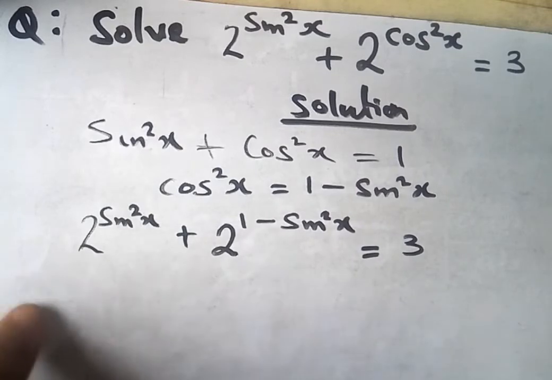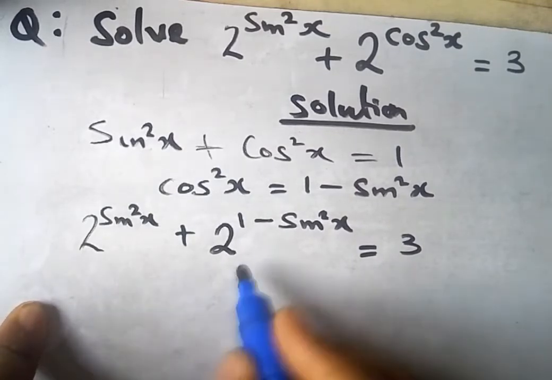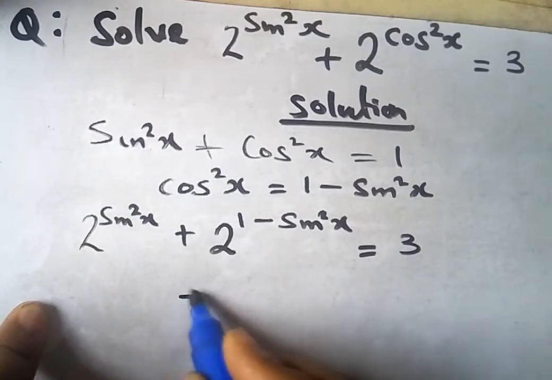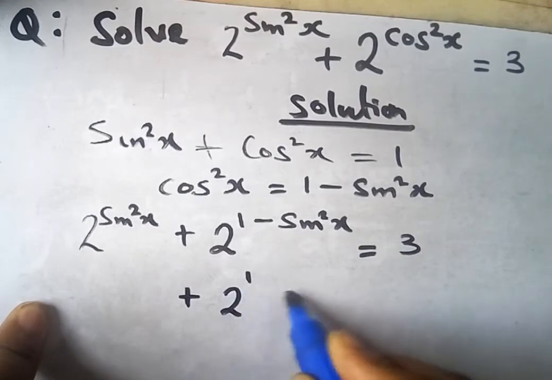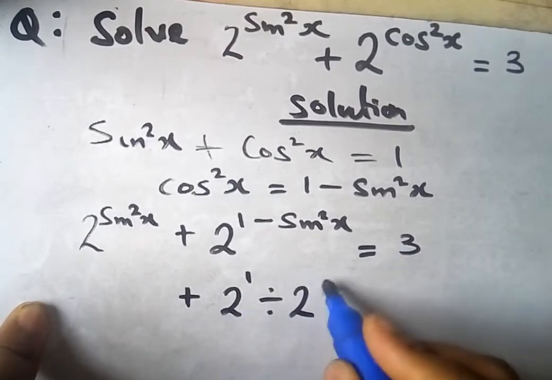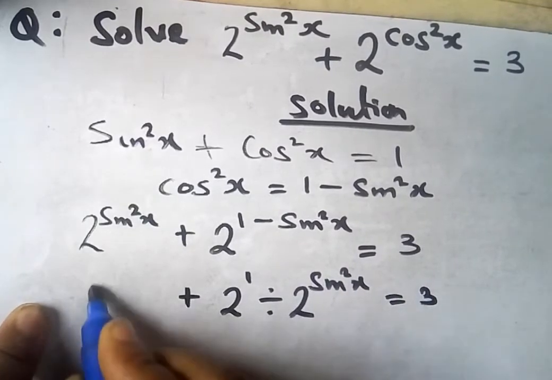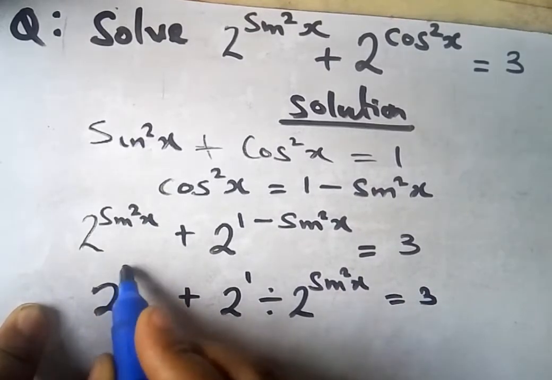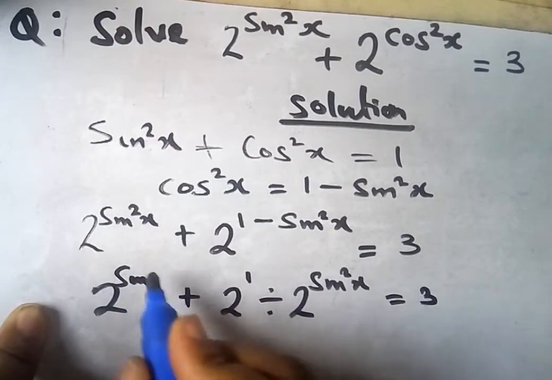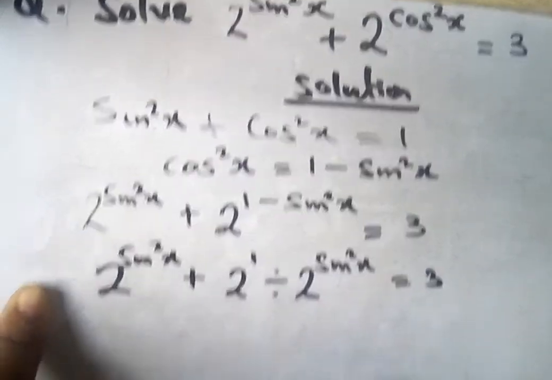Now, when we look at this side, we can rewrite it as 2 raised to power 1 divided by 2 raised to the power of sine square x. Then we still have 2 raised to the power of sine square x.